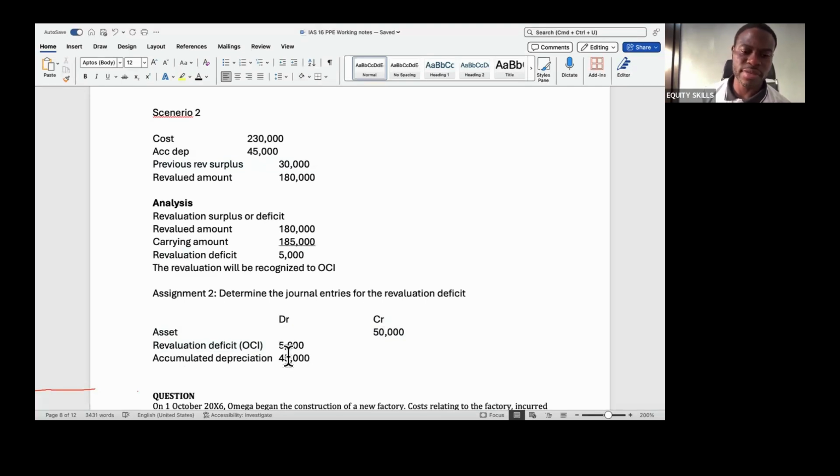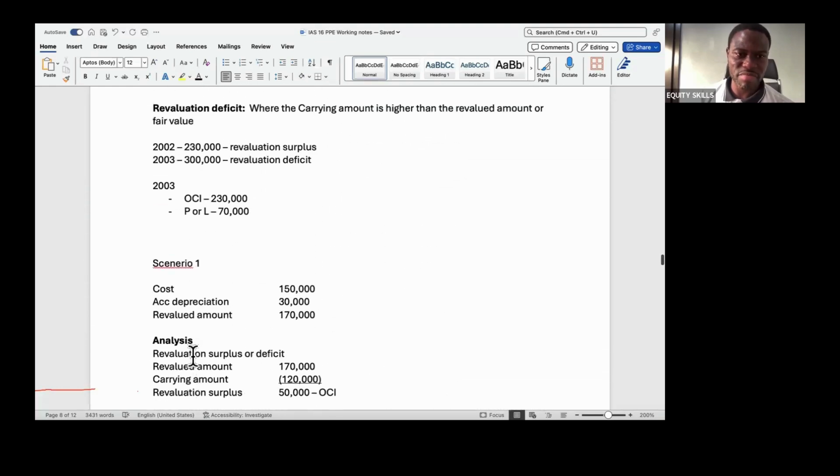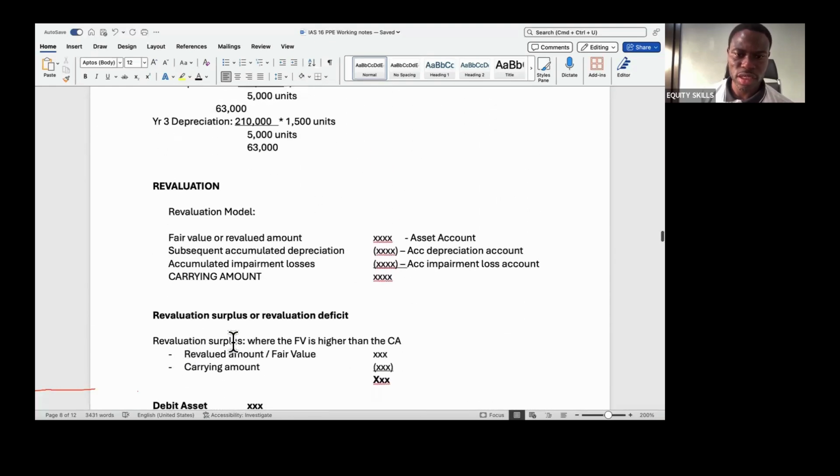Now, you need to understand this, even though they don't often ask it in the exam, these journal entries. You need to understand this double entry this way, just so that this thing can make sense to you. This revaluation model that I said, fair value minus subsequent accumulated depreciation. You see, this subsequent accumulated depreciation is showing that I'm starting depreciation over again from the date of revaluation.